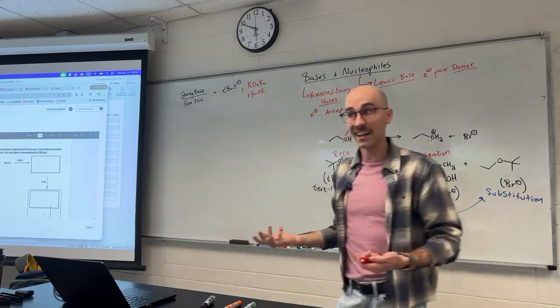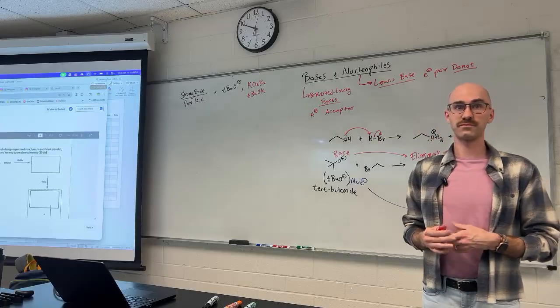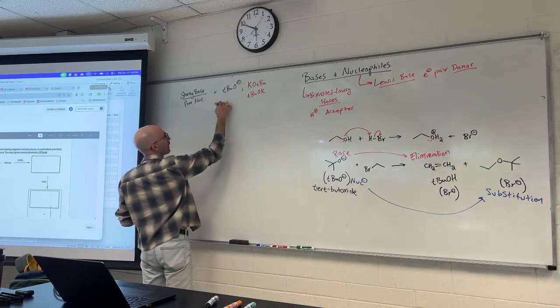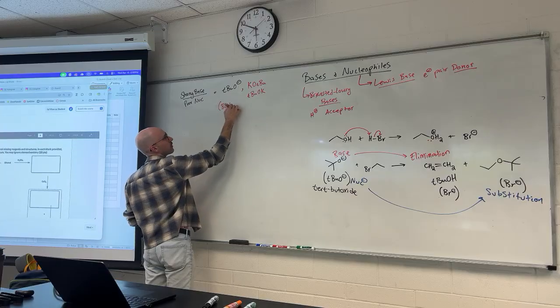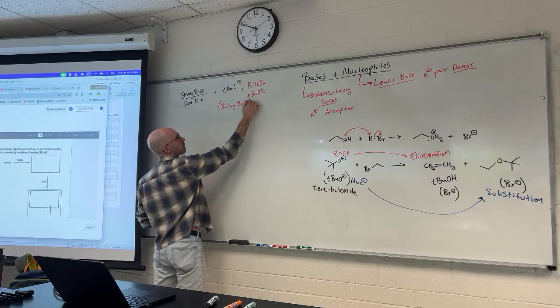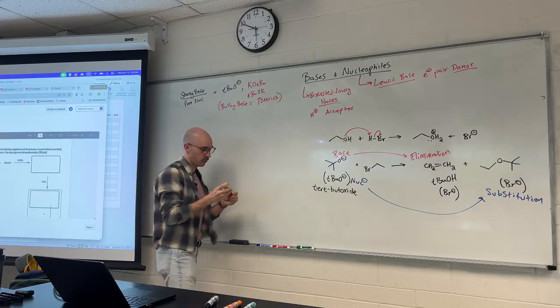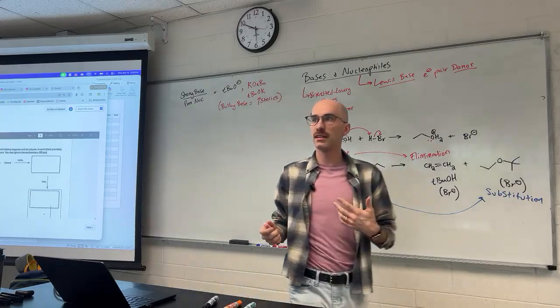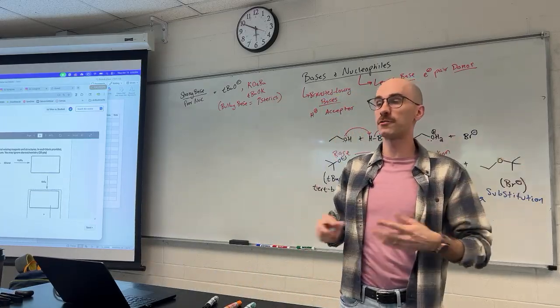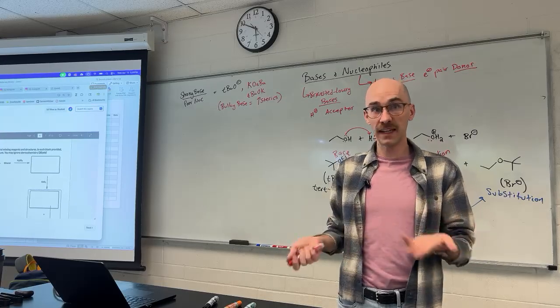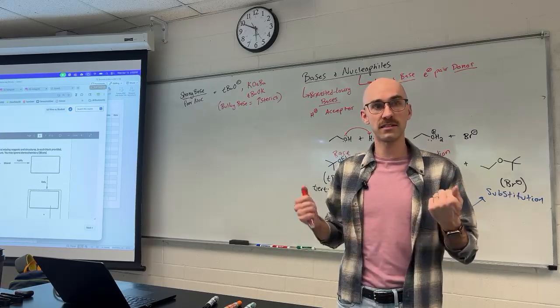It's size. We call tert butoxide a bulky base. With those 3 methyl groups, it takes up a ton of space, which means that it brings with it a lot of fight for physical space, steric strain.